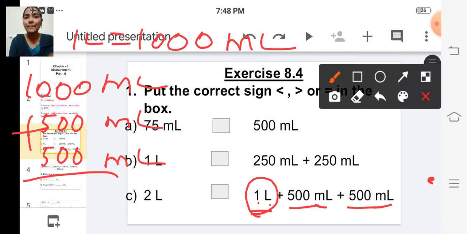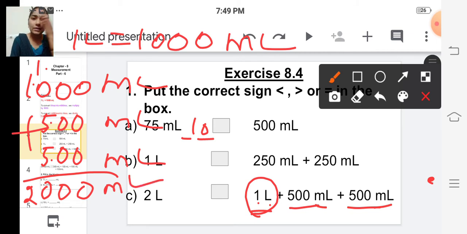capacities. Okay. So 0, 0, 5 plus 5 is 10. So write 0 here and carry over 1 to the next place. And 1 plus 1 is 2. So here 2000 milliliter. Okay.